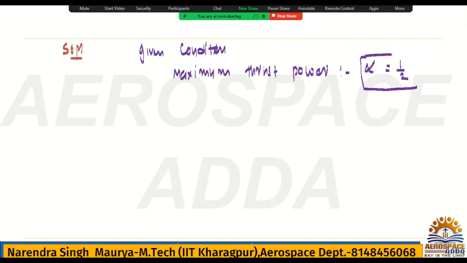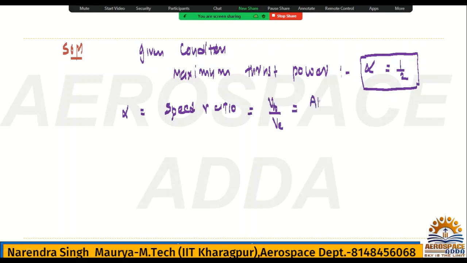If you remember, what is alpha? The speed ratio, and this speed ratio was V infinity by VE. V infinity is nothing but aircraft speed, divided by exit speed.